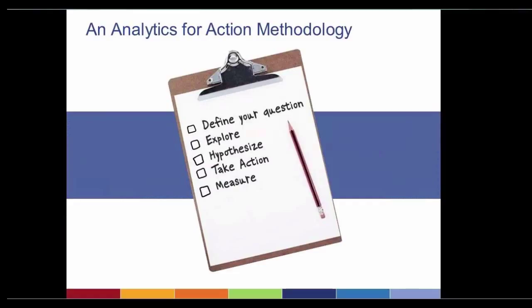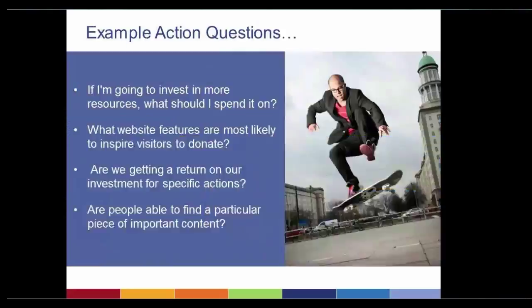We start by defining our question. We explore things around it. We hypothesize. We take action. We measure. Beth Kanter and I actually developed this presentation a long time ago, and we looked at it and said, we've just redefined the scientific methodology for web analytics. So this is the scientific methodology as applied to web analytics.